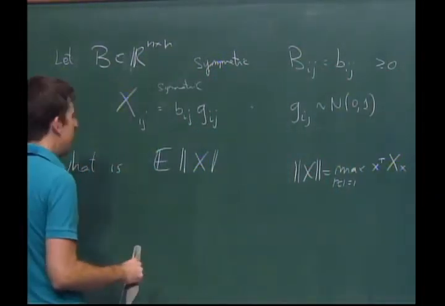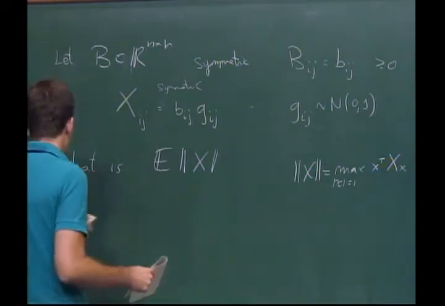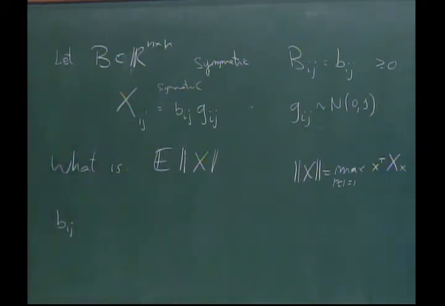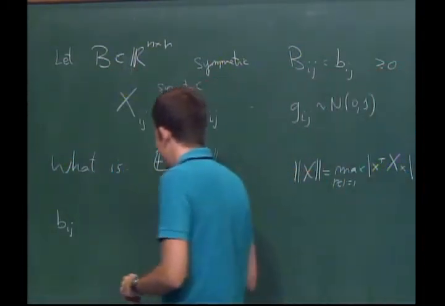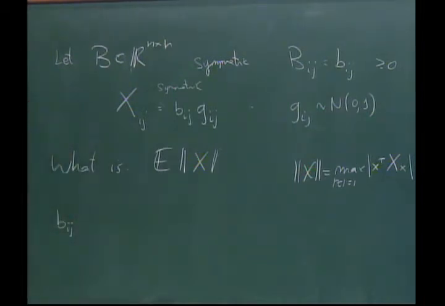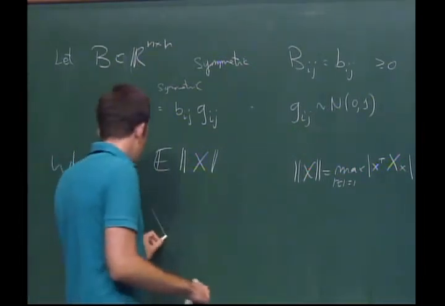A very simple example is when all the b_ij's are equal to 1. Sorry? Oh, right. True. Thank you. So when all the b_ij's are equal to 1, then X is a Wigner matrix.